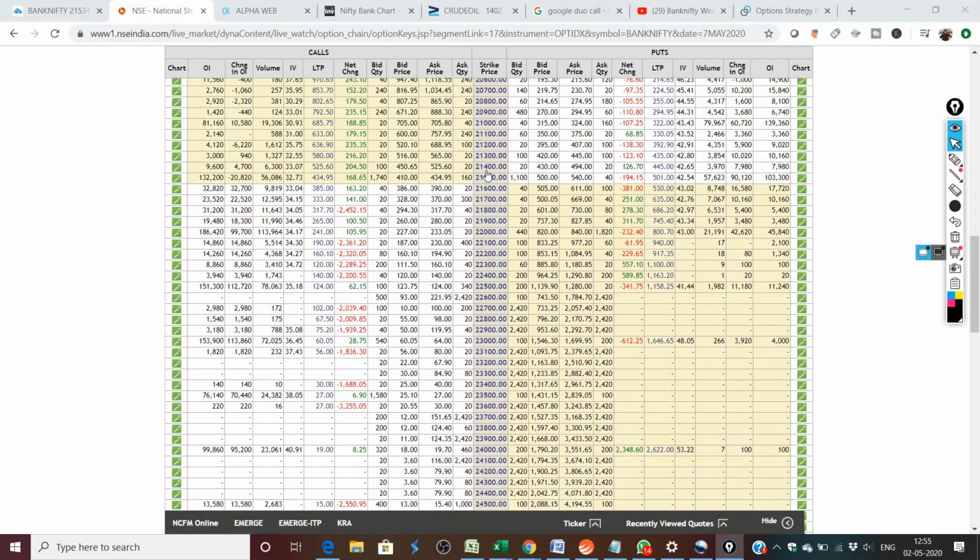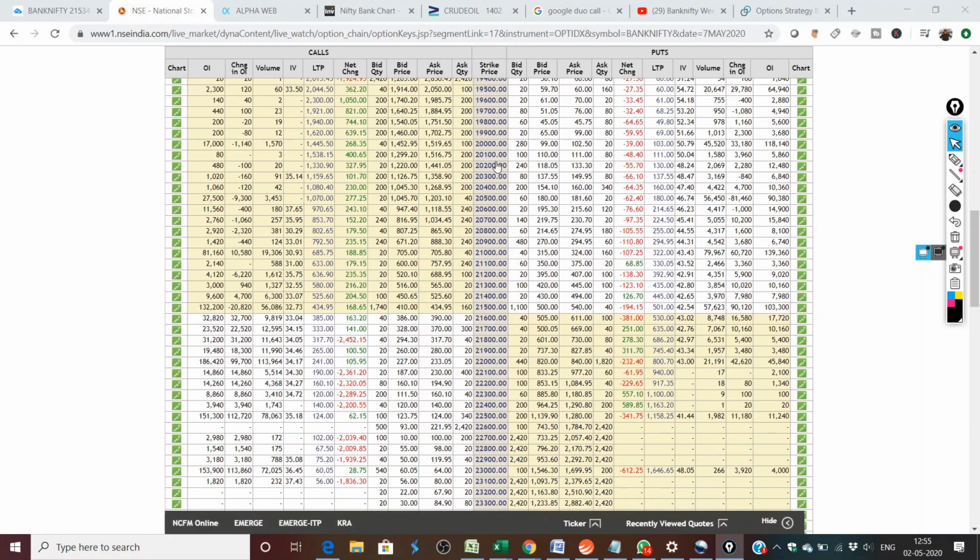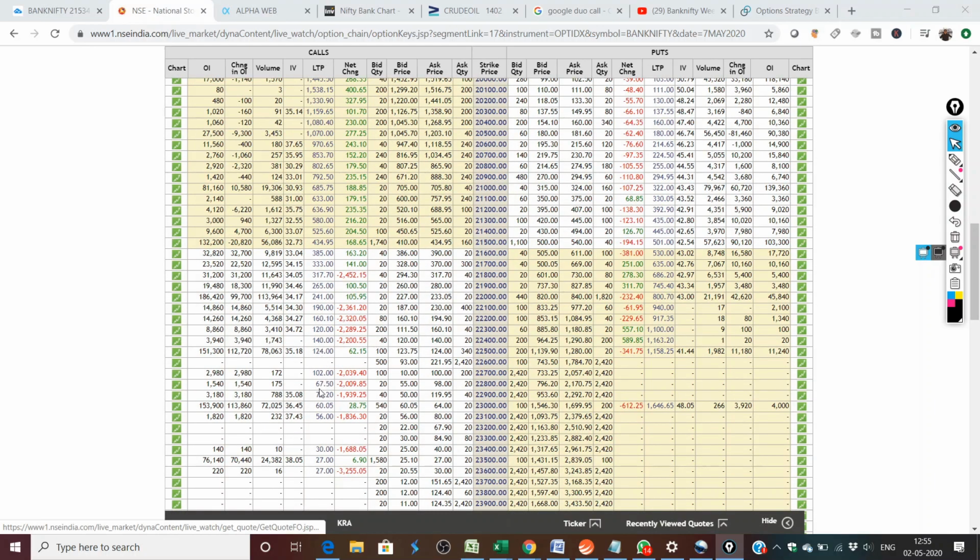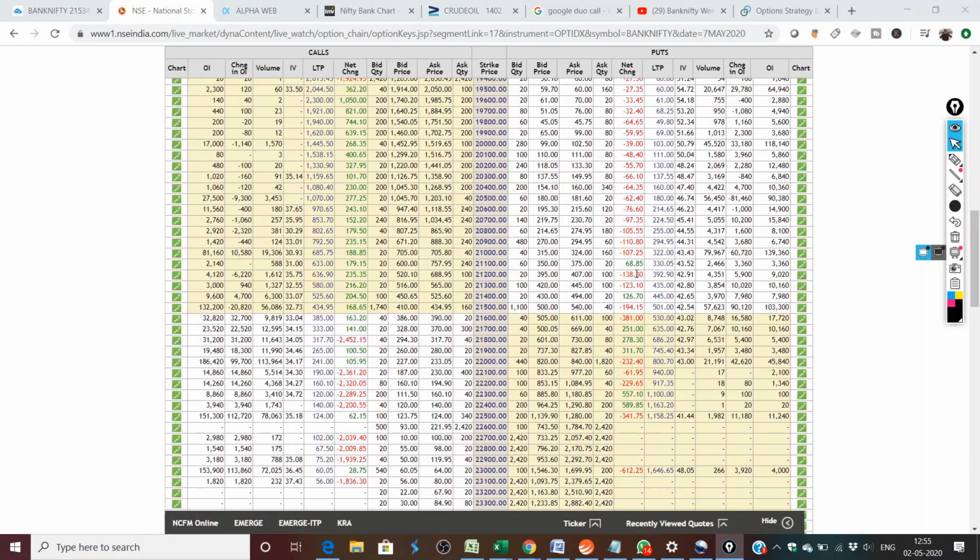You can choose the strike which is about 1100 or 1200 points difference. So 1200 points will be about the 22,700 call and 20,300 put, at 137 and 102. These two can be sold with a 30 point stop loss, or you can make an iron condor.